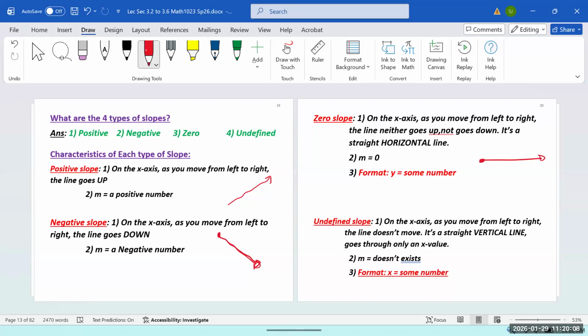You don't have any steepness. You're moving from left to the right, but there is no steepness, so zero slope. And the weird one, we are not moving left and right, we are moving straight up and down, so slope doesn't exist. Remember, slope exists only if you can move from left to the right. Okay? Any question?